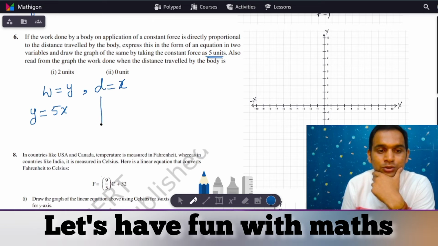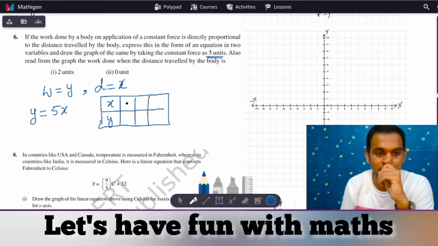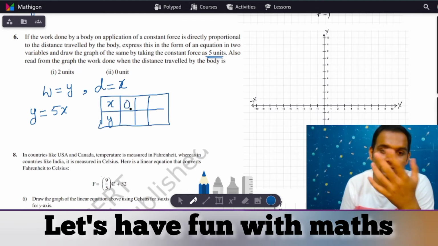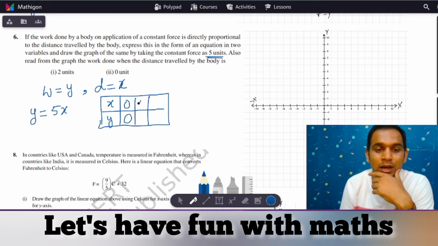Now let's try to plot the graph. We make a table with x and y, and first take the value of x as 0. If the value of x is 0, the value of y will also be 0. If the value of x is 1, the value of y is 5. If the value of x is 2, the value of y becomes 10.